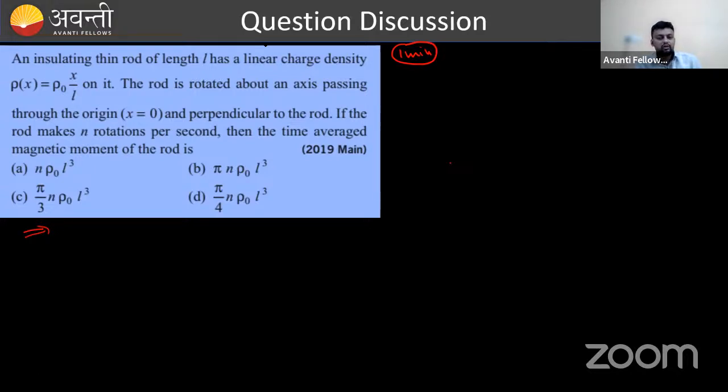Rajkot is also saying option D. Guys, can you turn on your cameras so that I can see your classes for a few minutes?